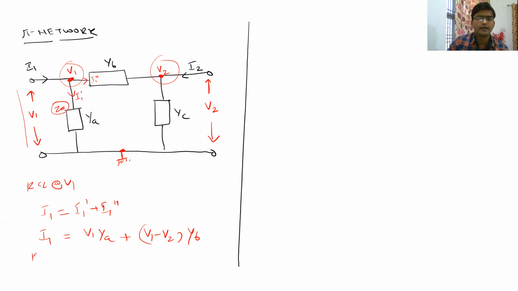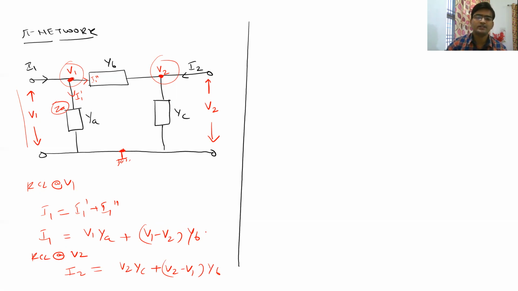Similarly, if we apply KCL at V2, we will get I2 is equal to V2 into YC plus V2 minus V1 into YB. Clear?